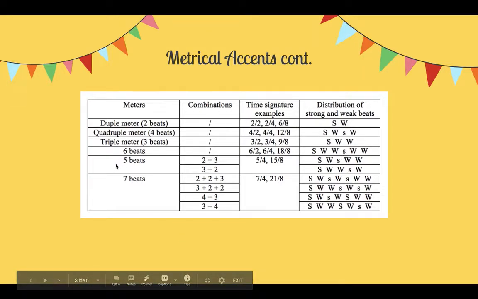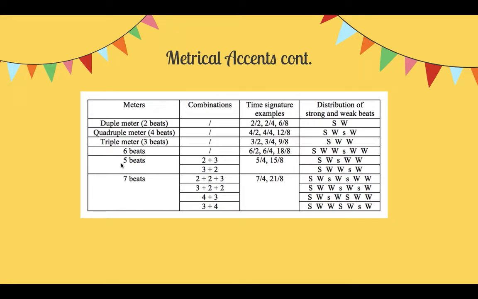And then the rest of these, if you find yourself working with a meter that's got 5 beats or 7 beats, you can understand using this chart the distribution of strong and weak beats. If you're like me and you've never seen 15/8 before this very moment, I figured out what that was this morning. It is a 5-beat meter where every beat is a compound beat. You don't have to know this. This is not related.